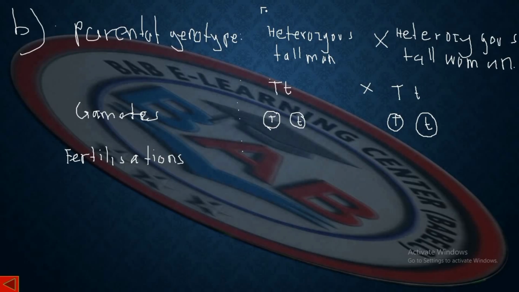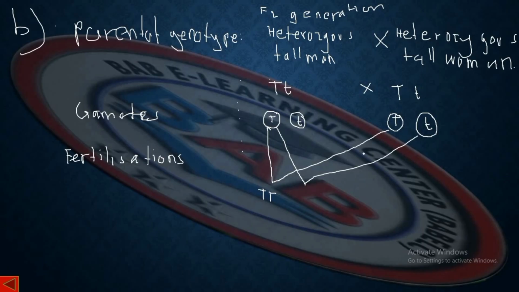Now this is the F2 generation. Our part A was the F1 generation. This one fertilizes this, forming homozygous TT. It also fertilizes this one, forming a heterozygous tall. This is homozygous tall.